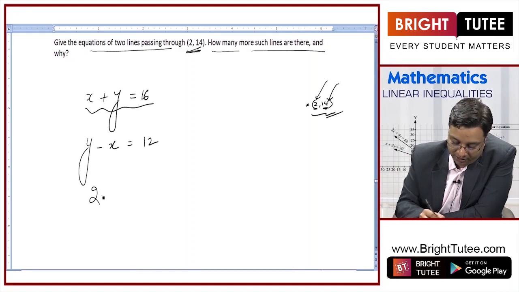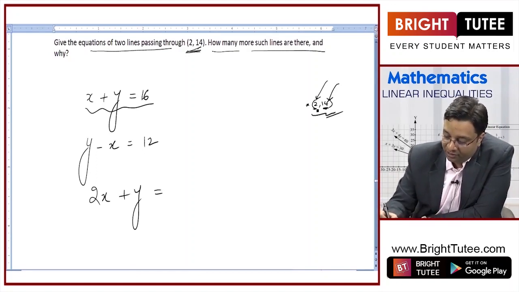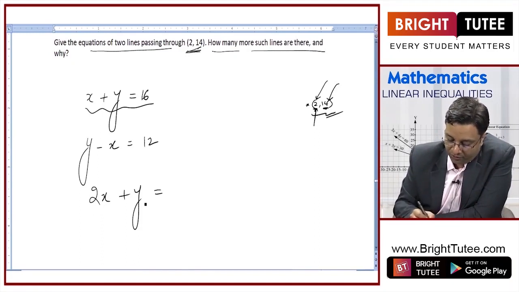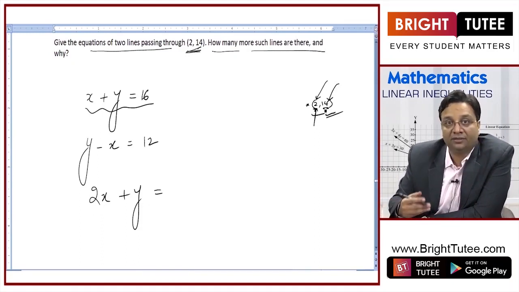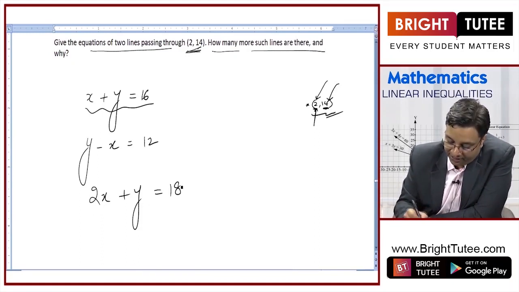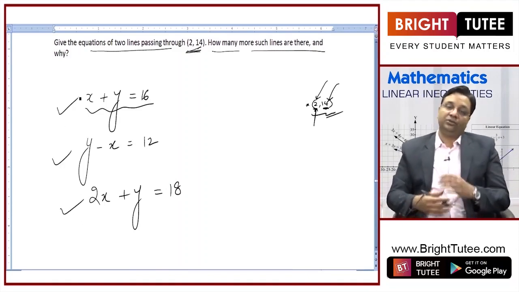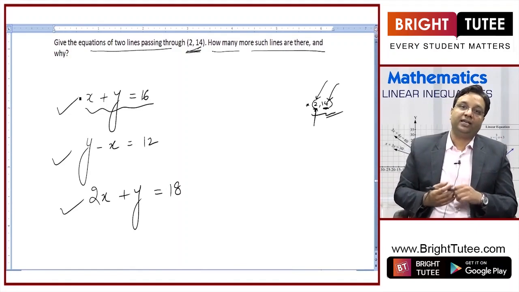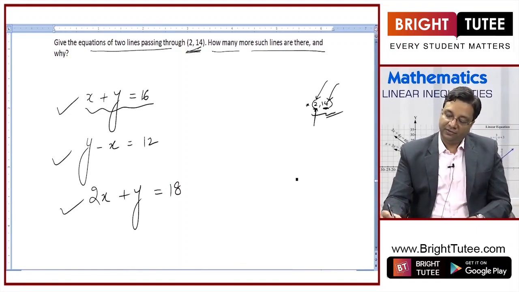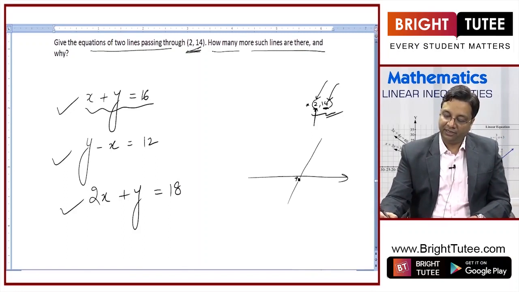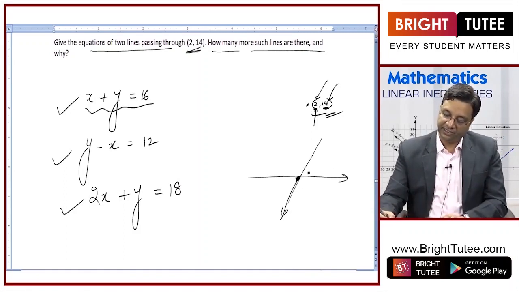If you write 2x plus y equals, now x I know is 2, so 2 into 2 is 4, plus 14 will be 18. So if I write 18 here, this will be third equation, right? So you can keep on writing these equations. Why? Because this is a single point and there are infinite lines that can pass through a single point, right?